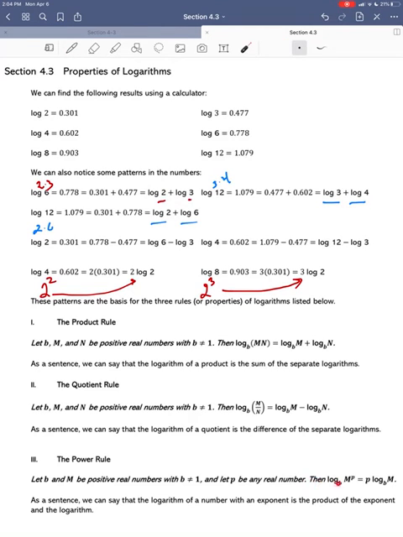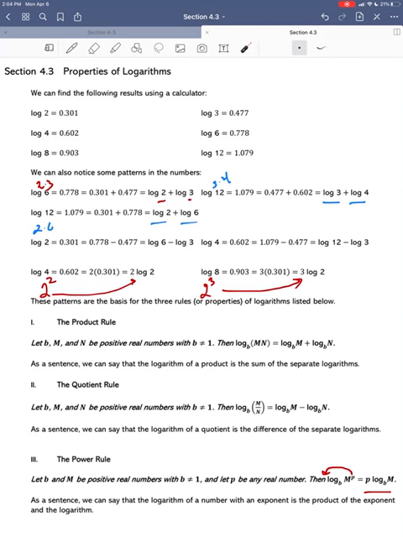If I've got the log of something to the p power, that p can be brought down in front. That p comes down in front of the logarithm, which gives me that. And what we say then, the log of a number with an exponent is the product of the exponent and the log. So the exponent comes down in front and multiplies by the log.